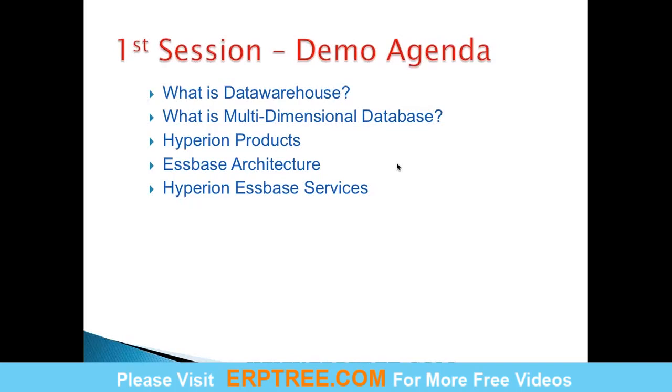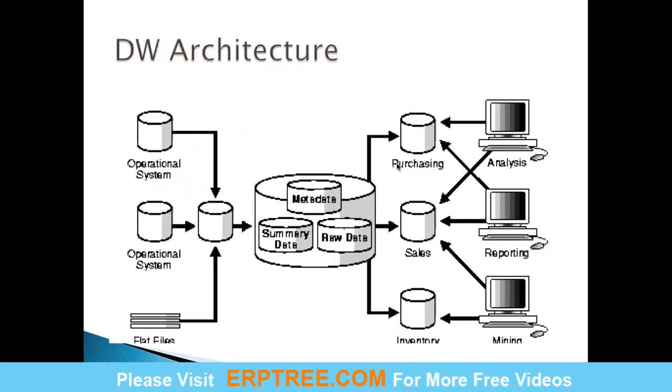In a data warehouse, we have a concept. I'll show you the data warehouse architecture. This is how we are transforming data from the data warehouse to the end users. These are all the operating systems and flat files.